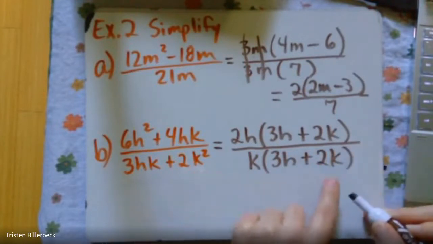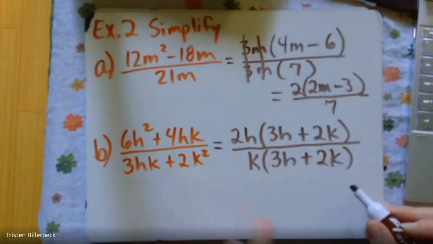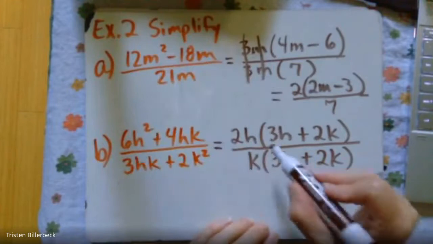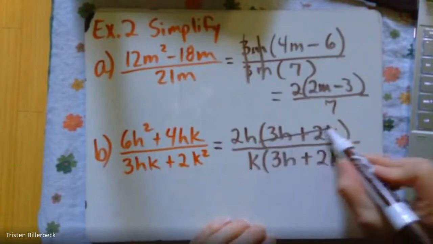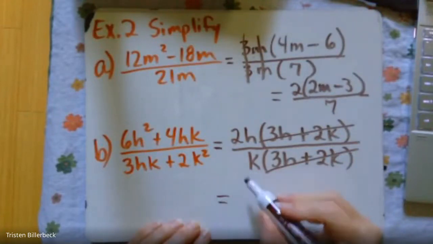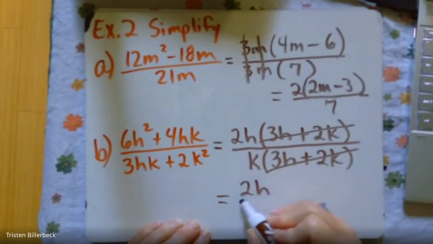So 2k times k is k squared. Oh my goodness, look at this. Instead of just simple little things like that, I can take out the whole thing here. That's the same thing. It's gone. So my answer is 2h over k. Can you believe that?